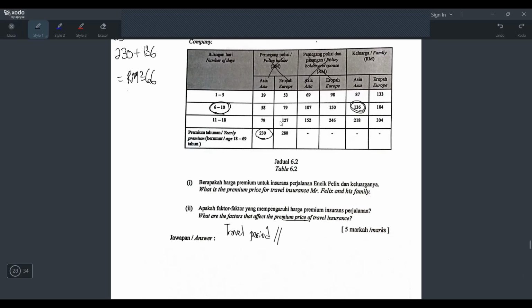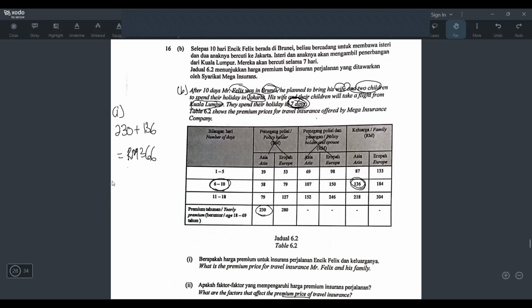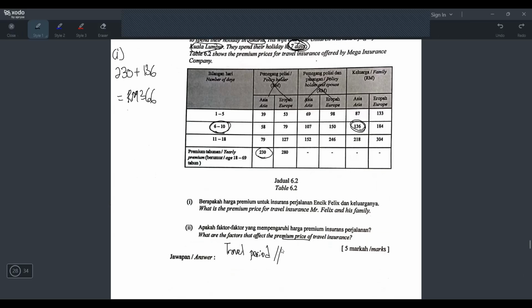Or you can also answer the destination, travel destination, right? Because if you look carefully, if you go to Europe, the premium is higher. You go to Asia, it is low, right? So these are all the factors, and you can write either one. Okay, so that is the answer.